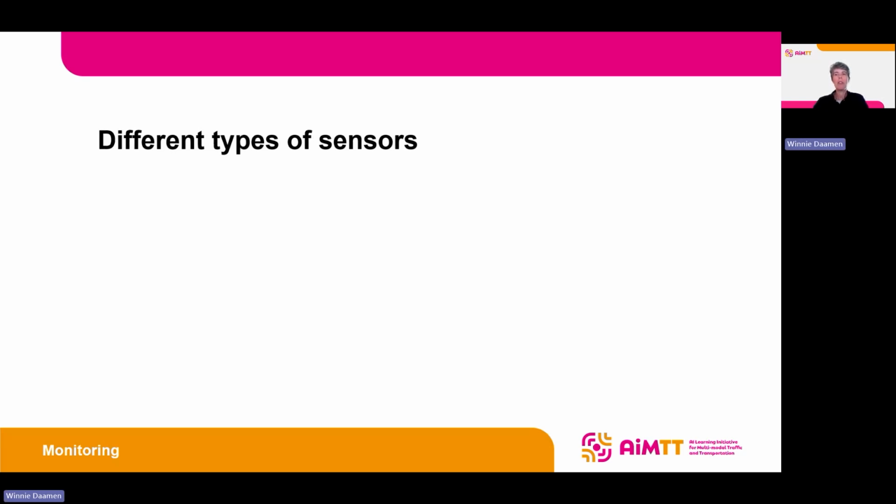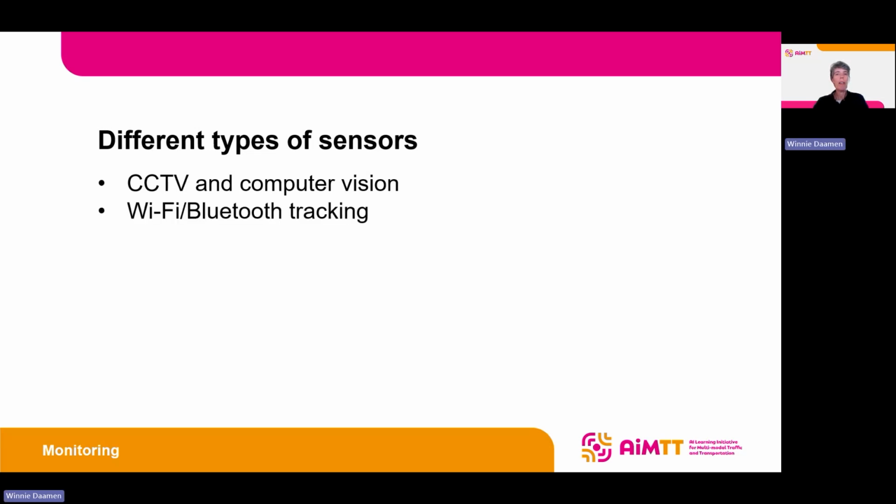There are many types of sensors that can be used for monitoring, each with their own strengths and weaknesses. CCTV with computer vision provides rich visual information, but can suffer from blind spots or occlusions. Wi-Fi and Bluetooth tracking give us movement patterns, but depend on device penetration. Also, privacy is an issue to be considered carefully. Then infrared and pressure sensors are simple and robust, but limited in detail.